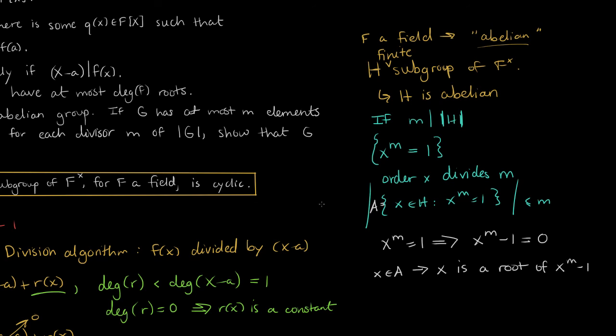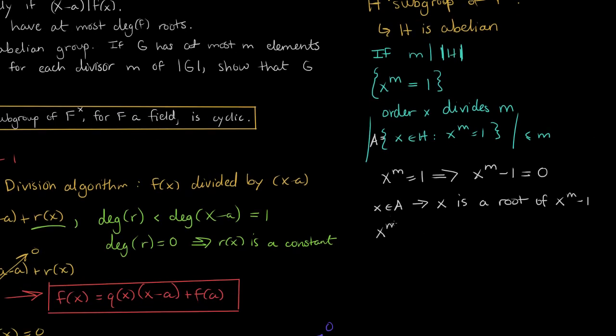Therefore, by part D, x to the m minus 1 can have at most m roots. So the amount of elements in A must be, I wrote greater than or equal to, I meant less than or equal to m roots, so the amount of elements in A must also be less than or equal to m.